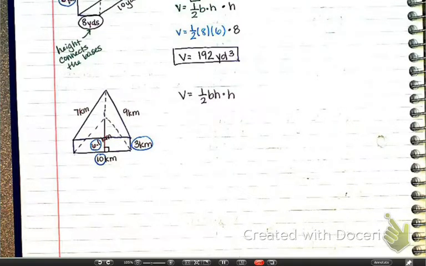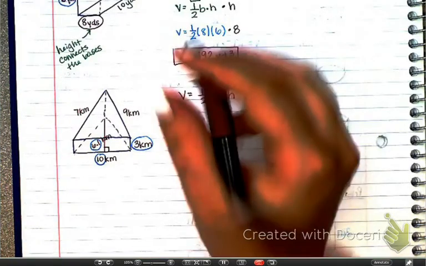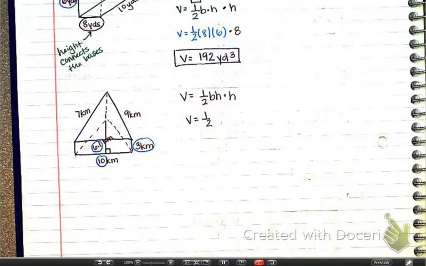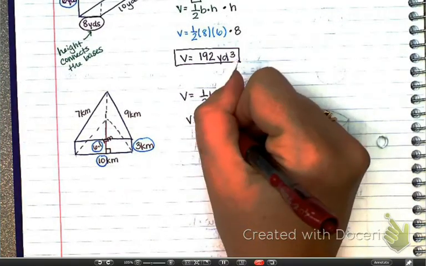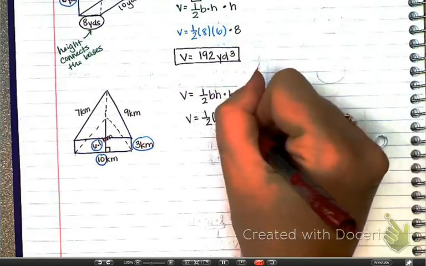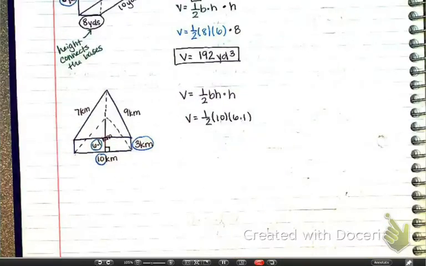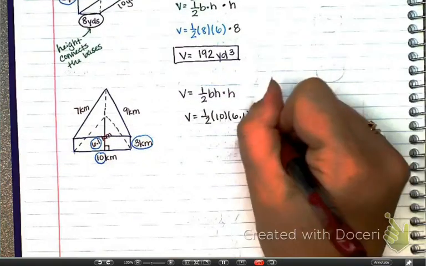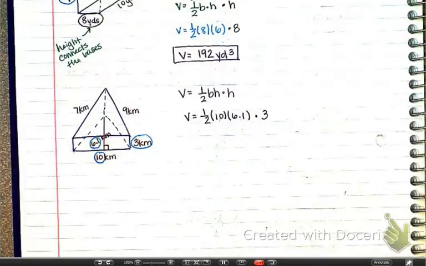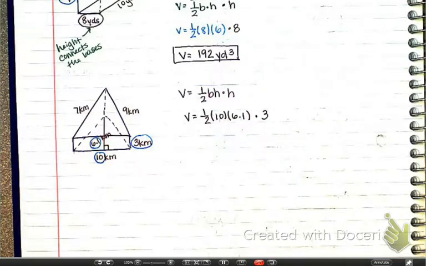That's the area of the triangle times the height of the entire prism. What's the base of the triangle? 10. What's the height of the triangle? 6.1. And what's the height of the entire prism? 3. So in your calculator.